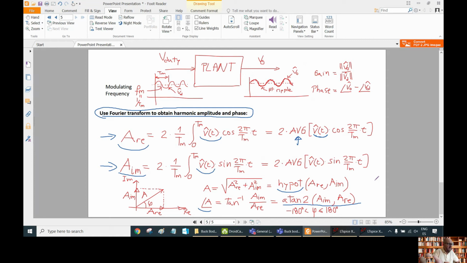Okay, so let's see now how to implement this methodology in our circuit in LTspice.